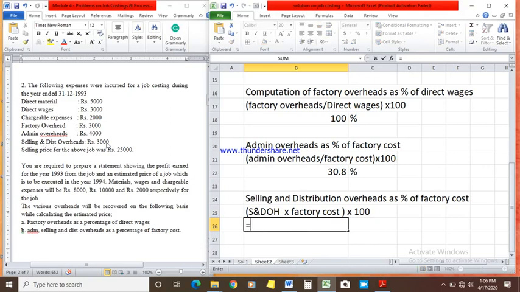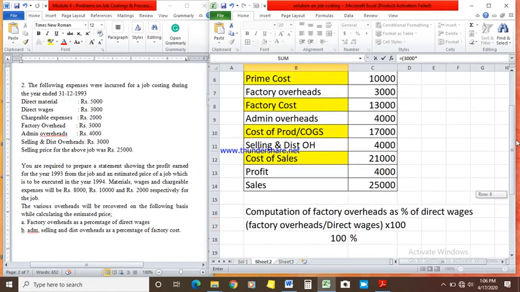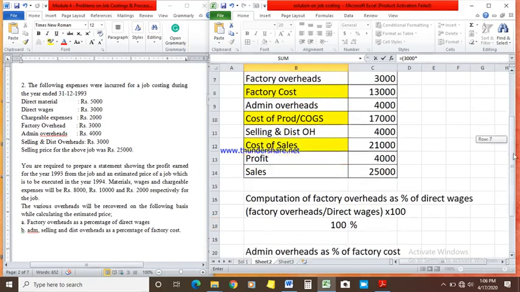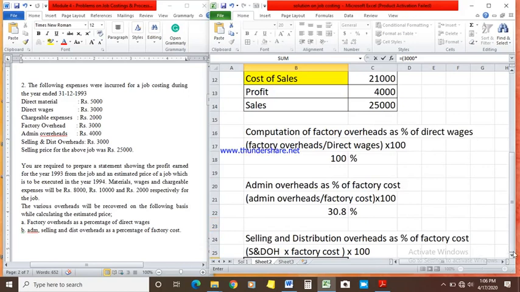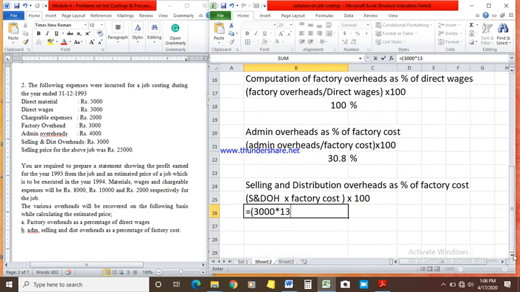So the selling and distribution overhead is 3,000, divided by factory cost, which we have already written here, that is 13,000, into 100.